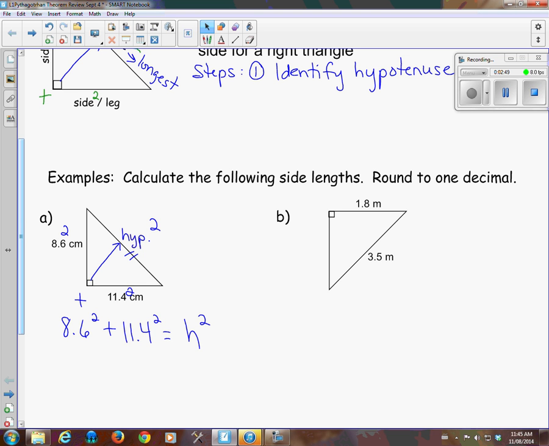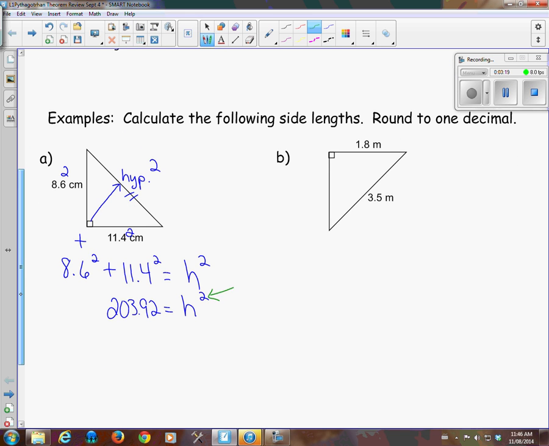Once I've got my formula set up, I get out my calculator and I do some calculating. So I actually calculate the side squared plus the side squared. So 8.6 squared plus 11.4 squared would be 203.92. And that's my hypotenuse squared. The next challenge with Pythagorean theorem is I know the hypotenuse squared, but I want to figure out just the length of the hypotenuse.